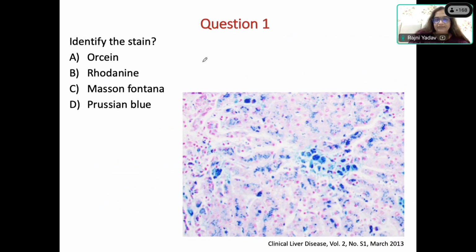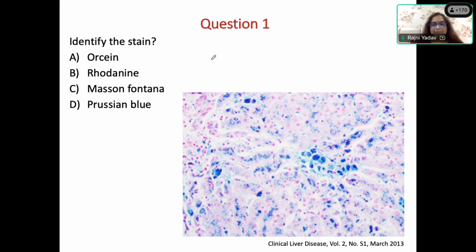The options are Orcein, rhodanine, Masson Fontana, and the Perls blue. All of you can vote for the options.